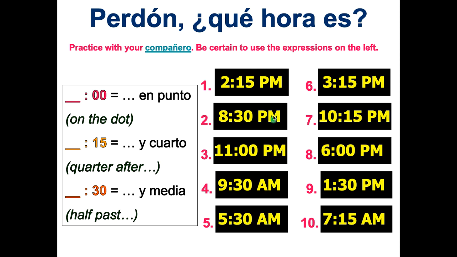Remember again to still say de la mañana for AM, de la tarde for PM but daytime, and de la noche for PM nighttime. Okay, so once again, take turns with your partner, decide who's going to say the odds, who's going to say the evens, and go over that. Okay, so go ahead and pause the video now so that you can do that with your partner.